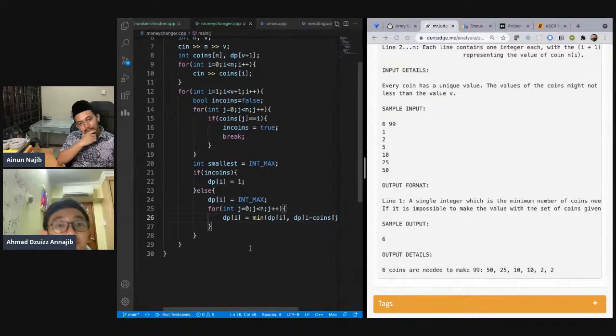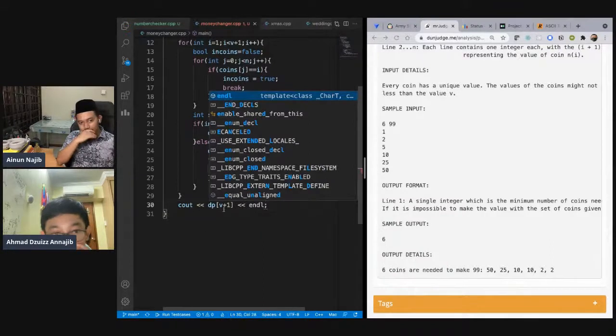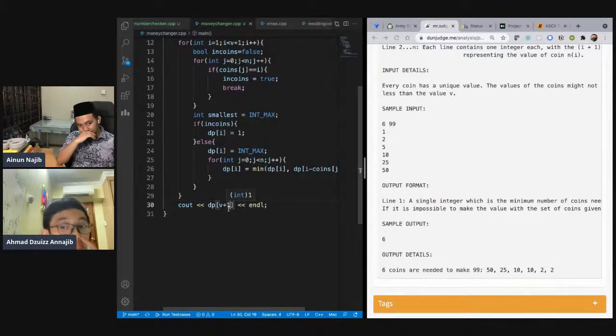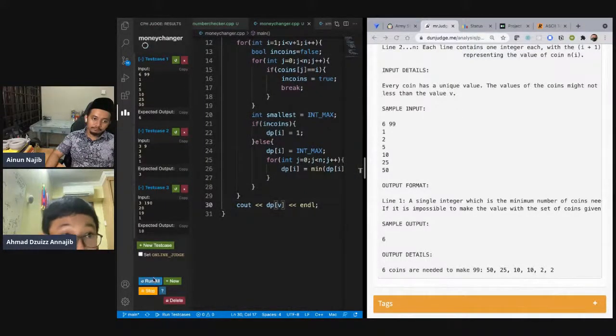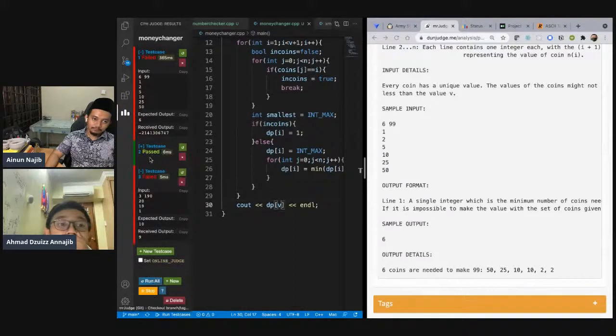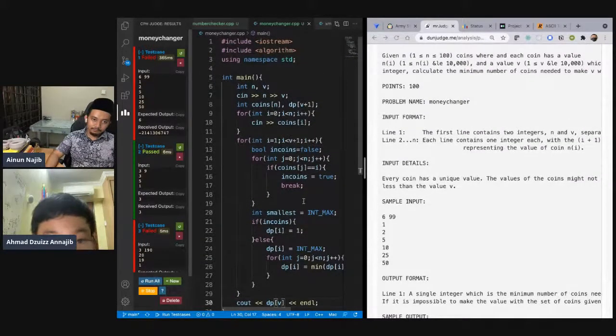Then print out DP z plus 1. Oh, it doesn't start with 0, it starts with 1. What variable did I not initialize?